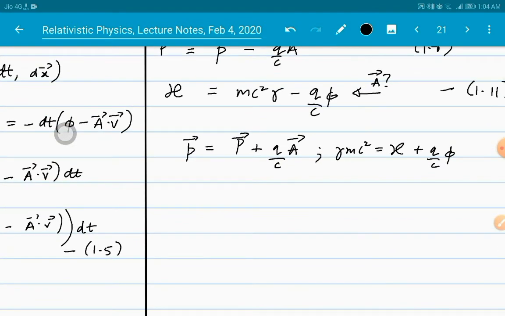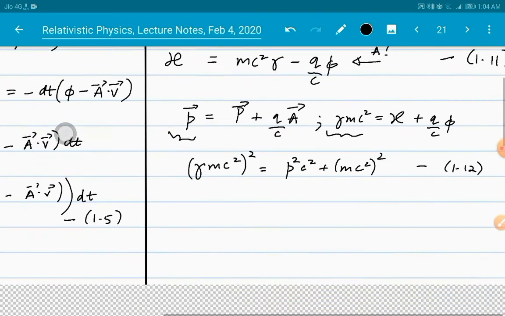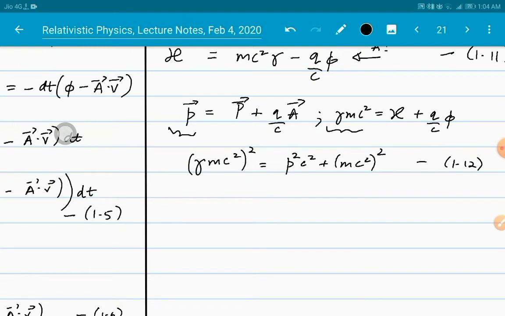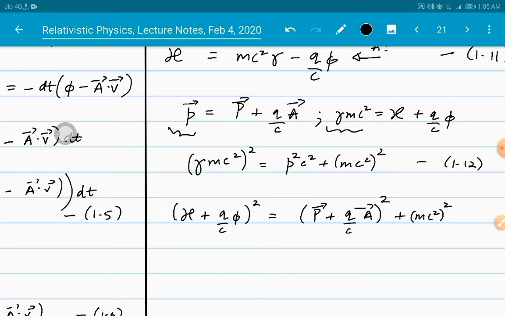And now we know that for a relativistic point particle, the mechanical momentum and the energy are related by the following expression, which is... so we can simply insert the results from the previous line into this one, and we find that (H plus q by c phi) whole square is equal to (canonical momentum minus q by c times A) square c square plus (mc square) whole square.